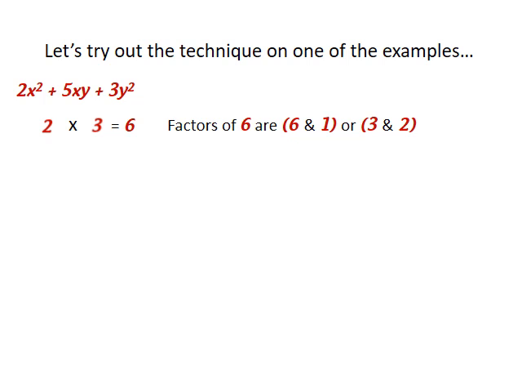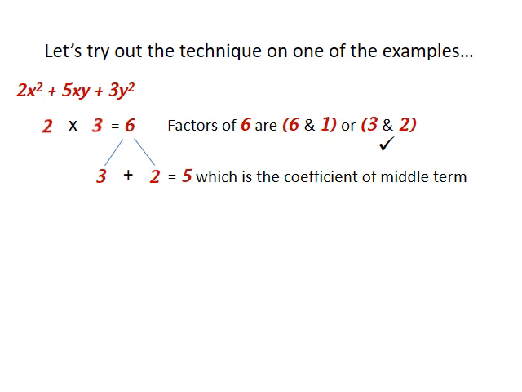We have to see the middle term for that. So 5xy. So which of these factors gives us an addition? The addition of which of these factors gives us 5? 3 and 2, right? So we split 6 as 3 and 2 and then add them to get 5, which is the coefficient of the middle term.